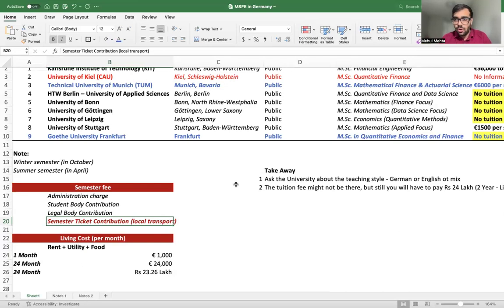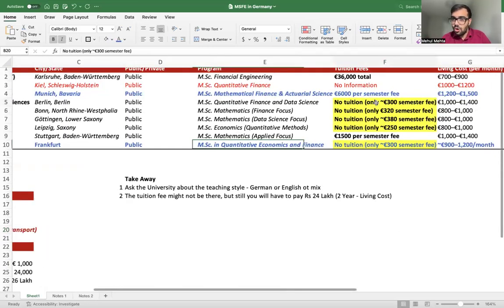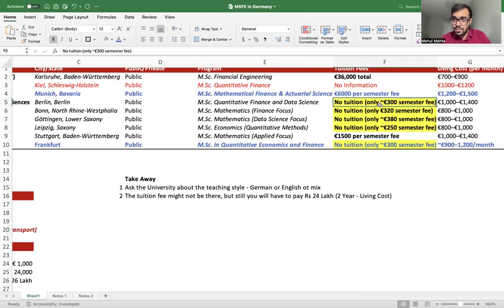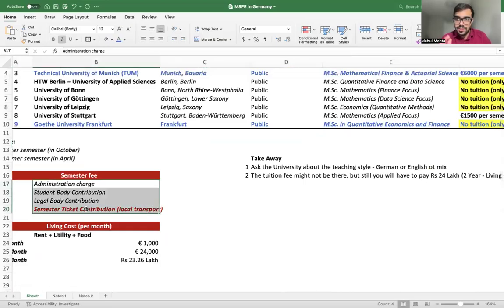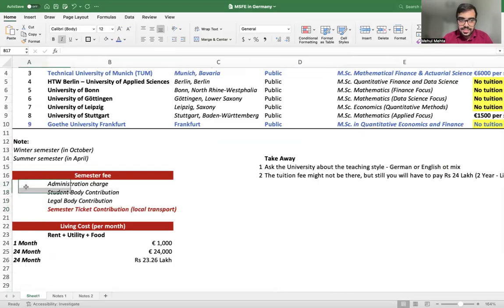The semester ticket contribution means local transport is free. Why is that? Because you have already paid the 300 euro semester fee. So the semester fee is nothing but these four components added up together.